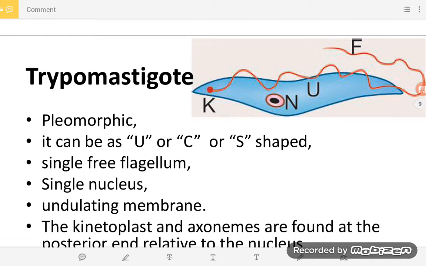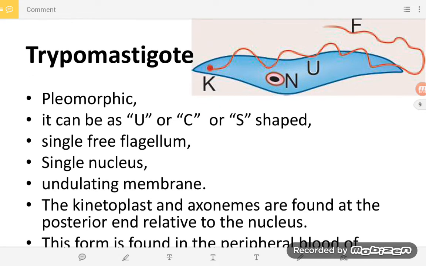So, the undulating membrane covers all over the body. But in the case of the epimastigote form, the kinetoplast is present at the center. It arises from half of the body, so it covers half of the body. We can see it in half of the body.